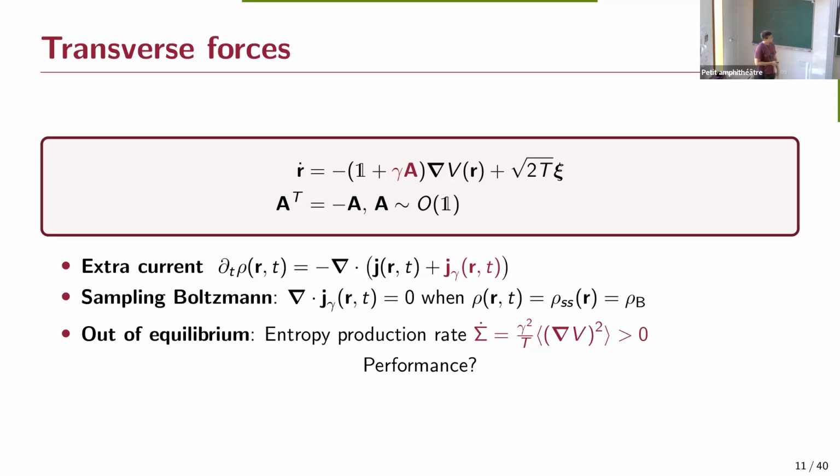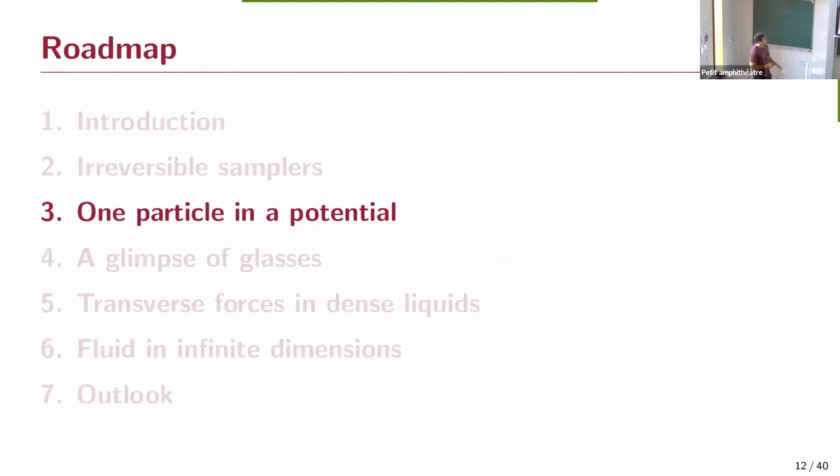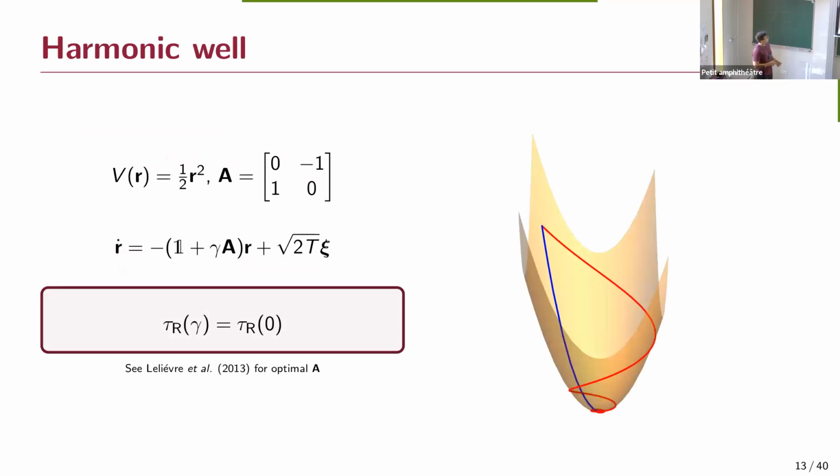So what is the performance of this kind of dynamics? Before going into glassy systems, I would like to explore with you a couple of simple examples of one particle in a potential, and then move toward the glassy systems. So the first simplest case that one can think of is how do these transverse forces perform in a harmonic well?